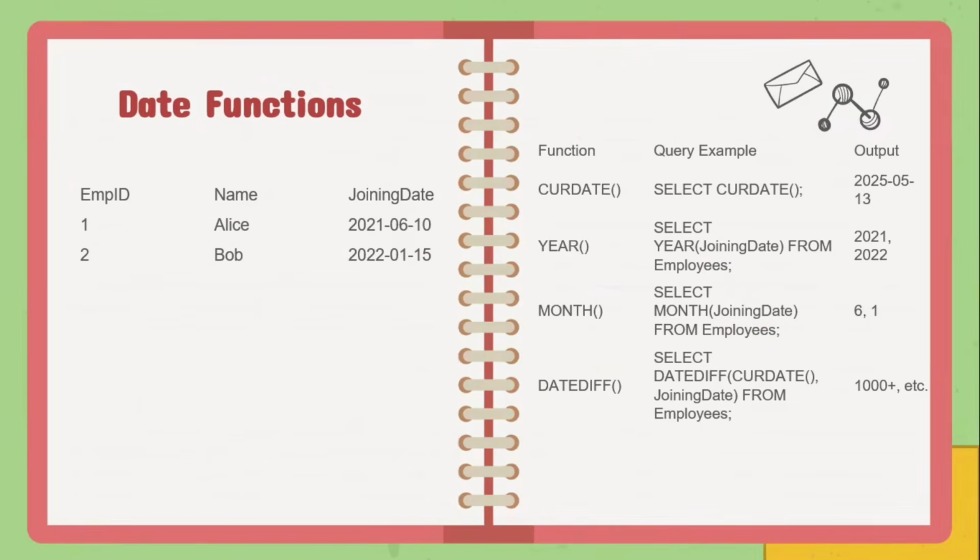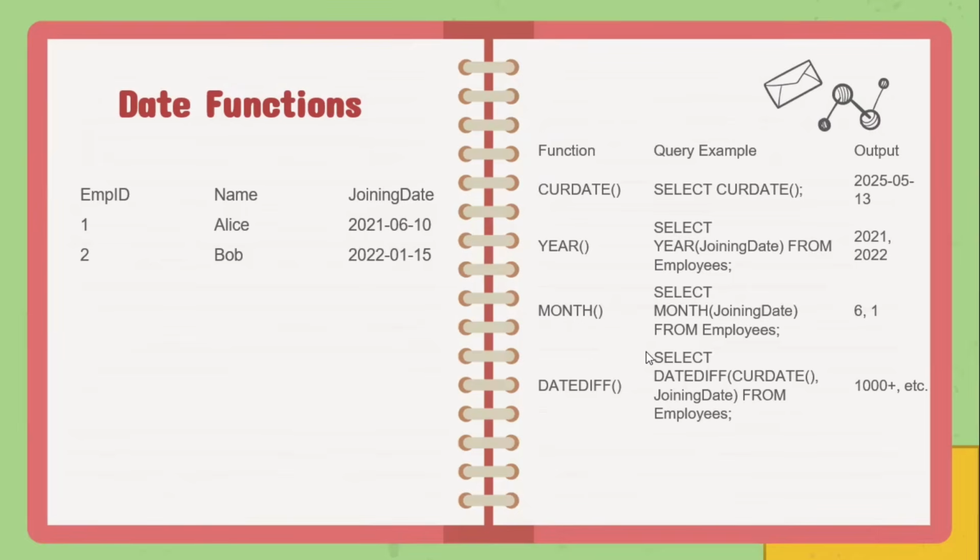Then date functions. The functions are CURDATE, which returns the current date. Then the YEAR function retrieves the particular year from the whole date. For example, suppose we pass this joining date column, then it will retrieve 2021 and 2022, like that.